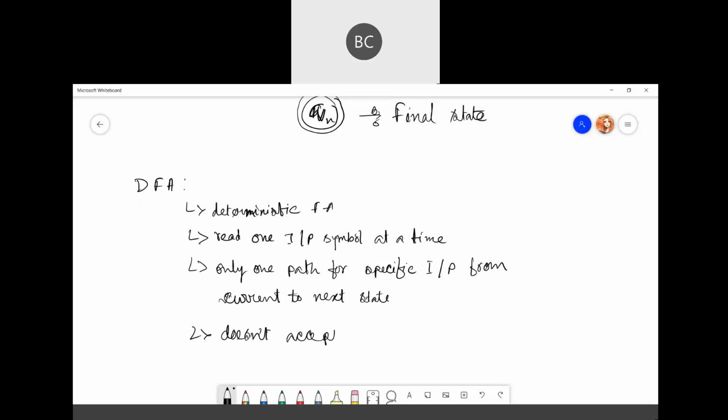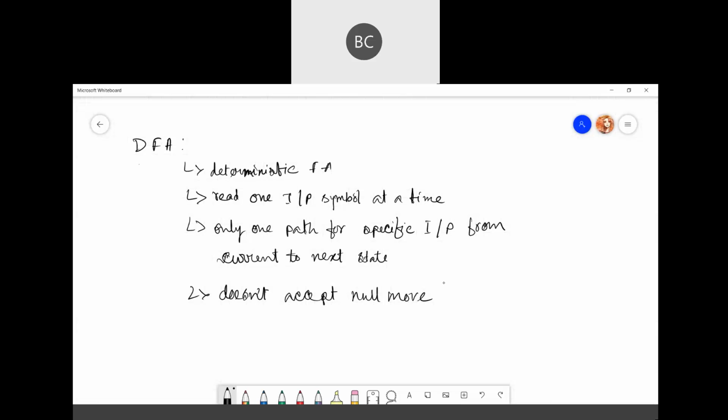That means no null strings are accepted by the DFA. And it can contain multiple final states. Even though from the name it seems like there will be only one final state, it's not like that. It can have multiple final states.